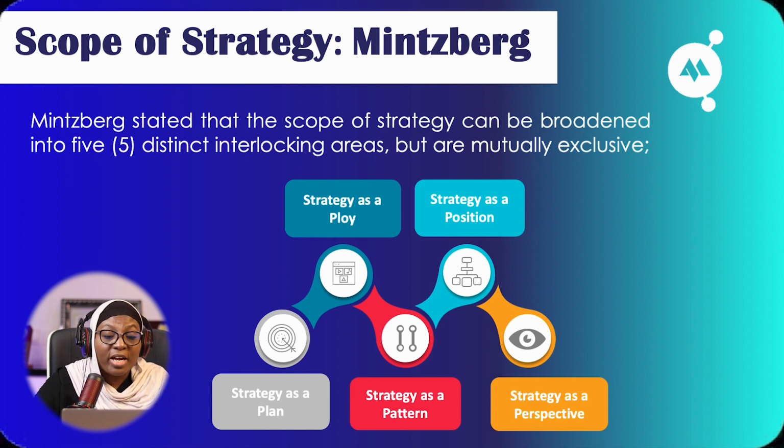Fourthly, we can say that strategy is a pattern. It's a pattern because with strategy, we understand it takes a series of actions. But for you to continually or consistently achieve your goals and objectives, you have to follow certain courses of action which have been proven to work in the past. Through following those courses of action, it becomes a pattern which you know works for you.